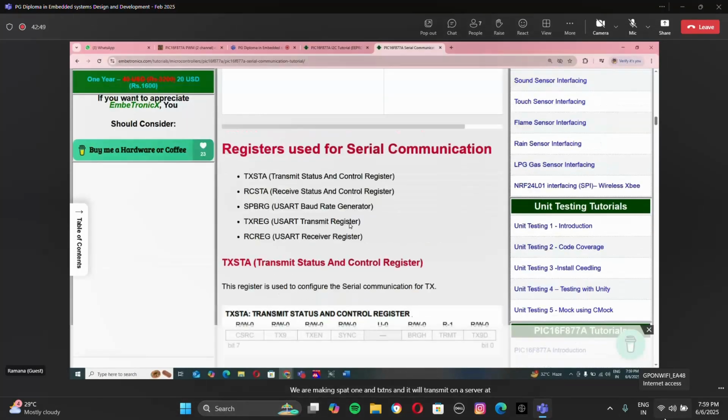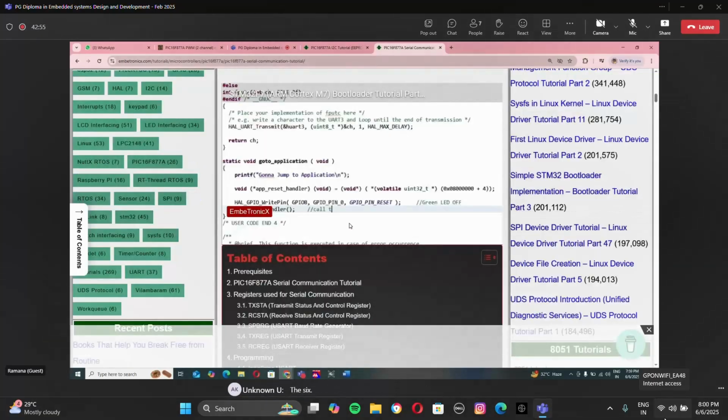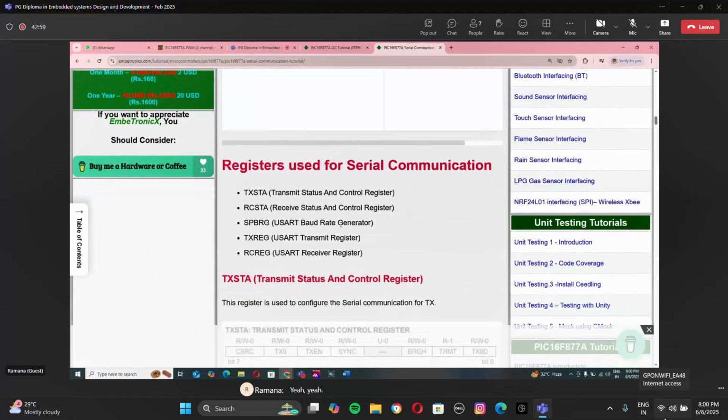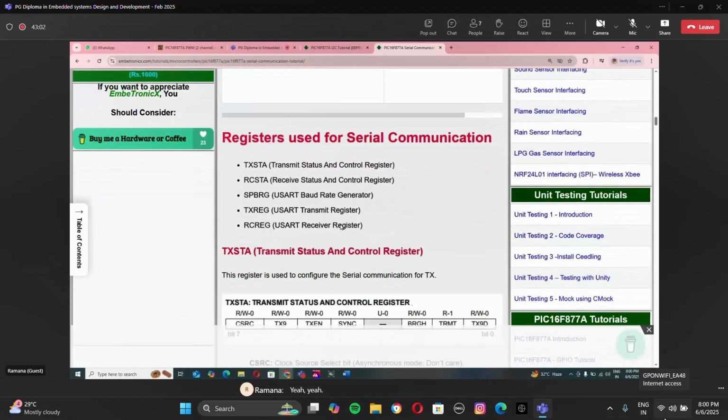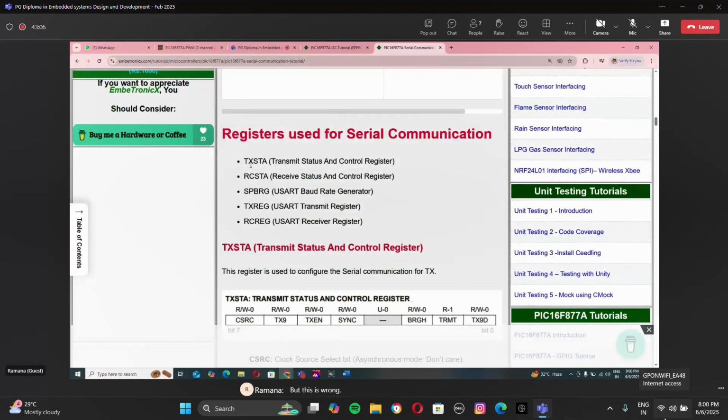So we are moving to the fifth bit, and in the fifth bit we set 1. This is the register TXSTA, the transmit status and control register.